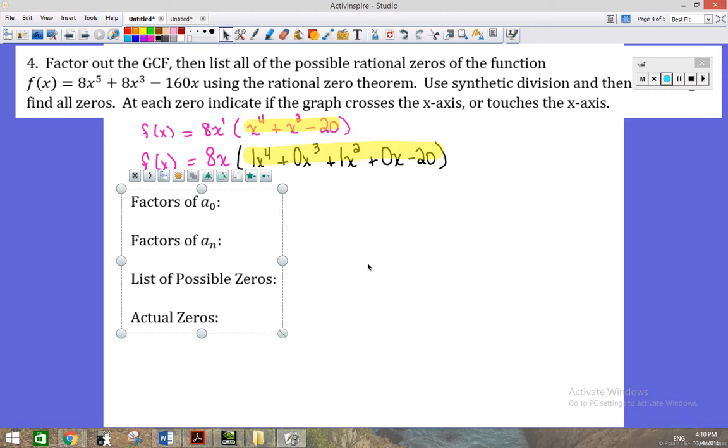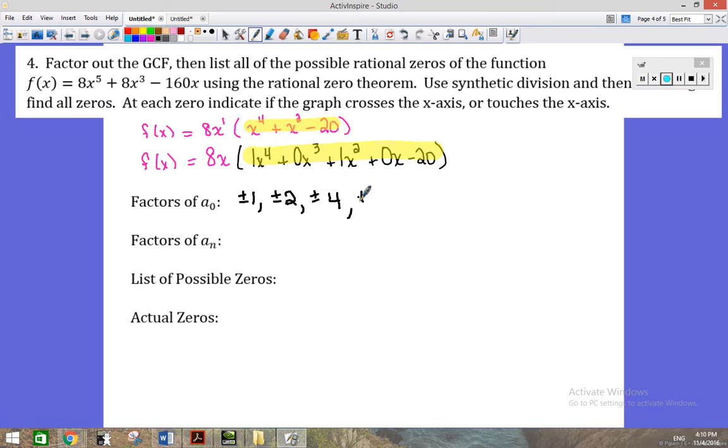So, factors of my constant term, this negative 20: plus or minus 1, plus or minus 2, plus or minus 4, plus or minus 5, plus or minus 10, plus or minus 20. Those are the factors of this 20. Now my leading coefficient, at least that's just 1.